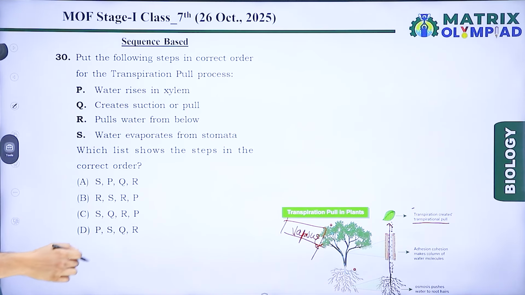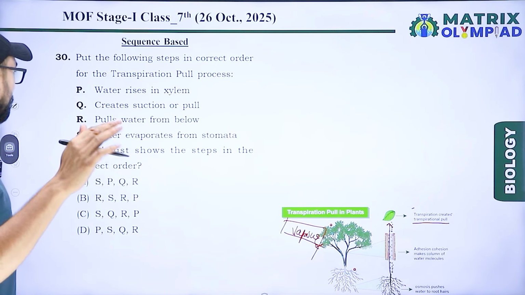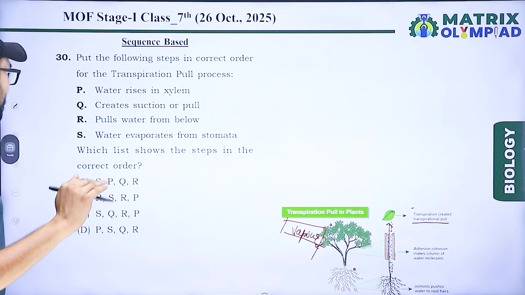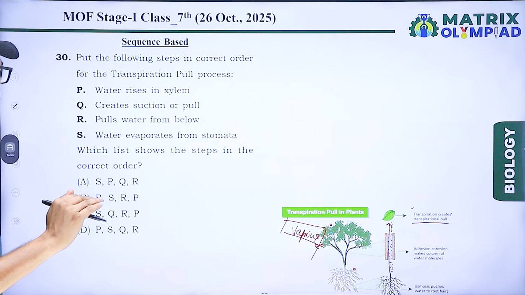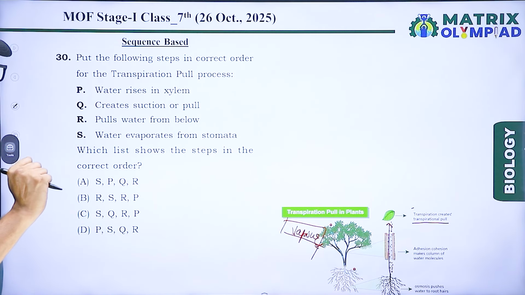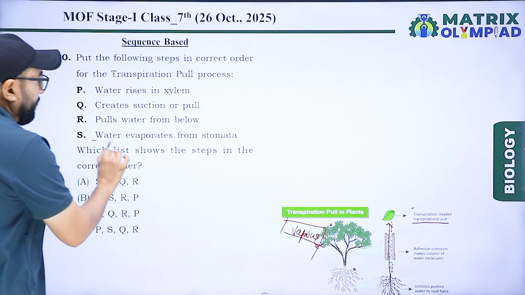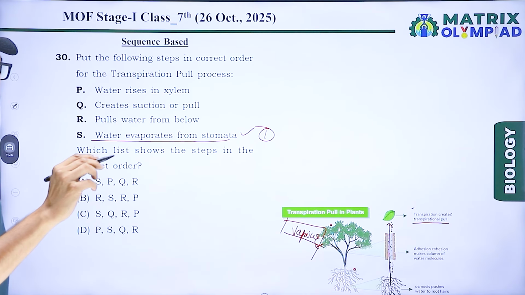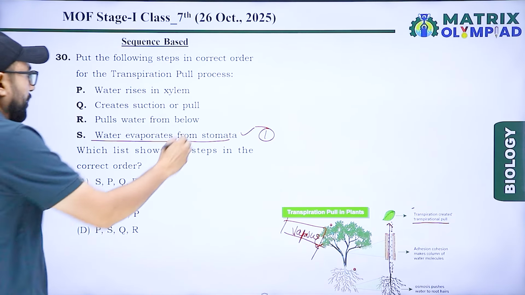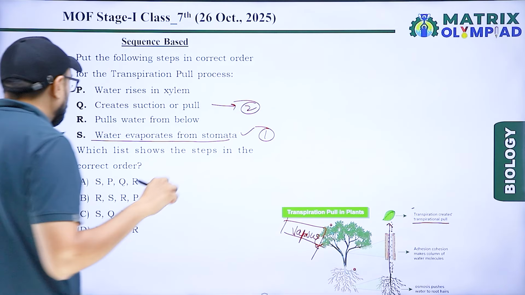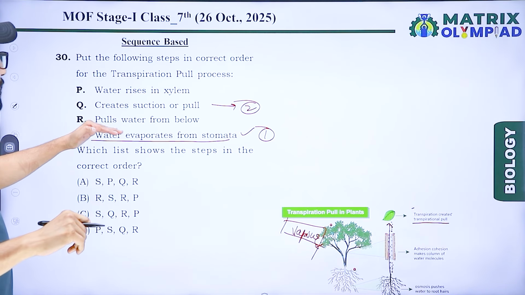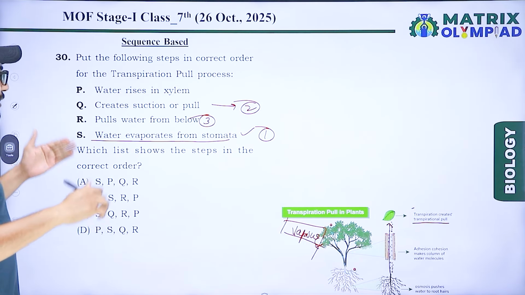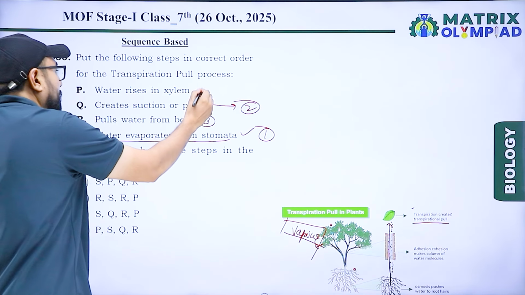P: water rises in xylem, creates suction or pull, water is pulled from below, and water evaporates from stomata. Write the correct order. First of all, water evaporates from stomata. Next, it creates suction or pull, that is second. And next, pulls water from below, third. And last, water rises in xylem, fourth.